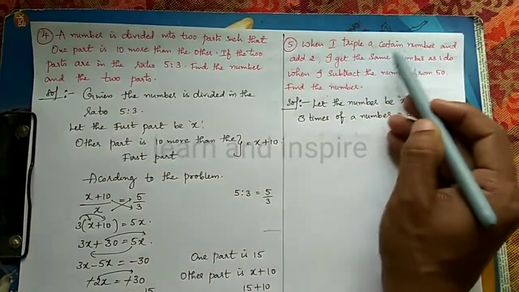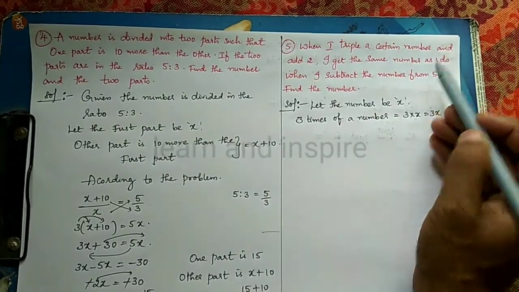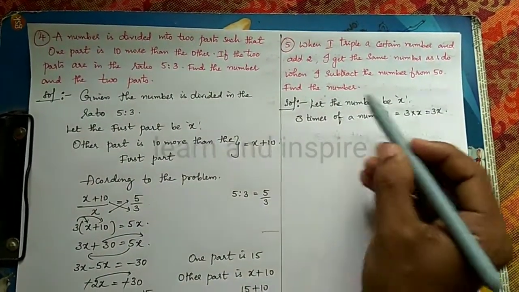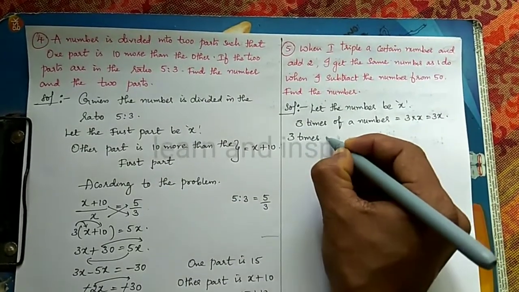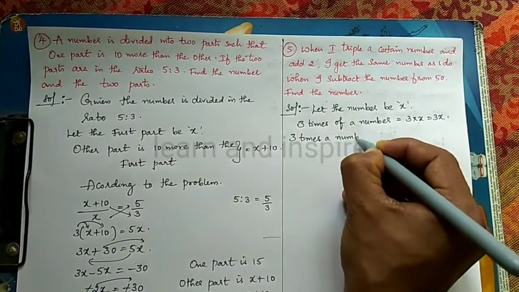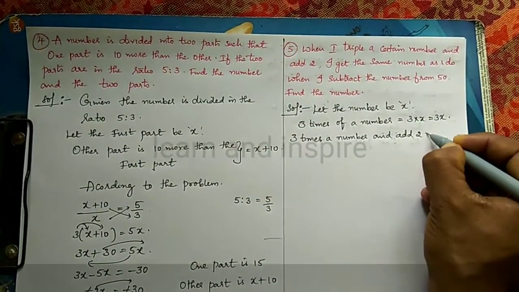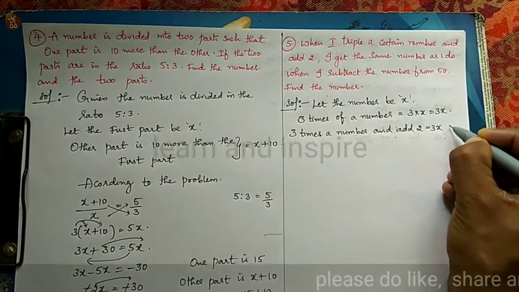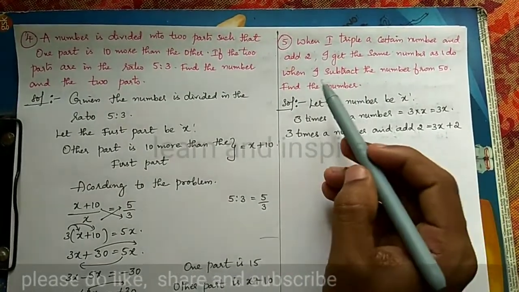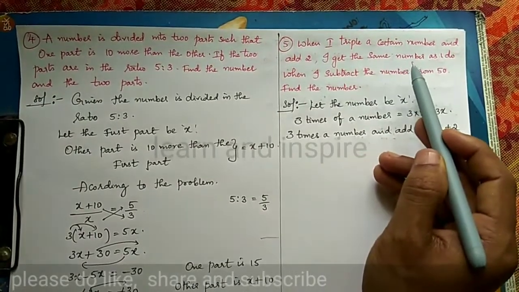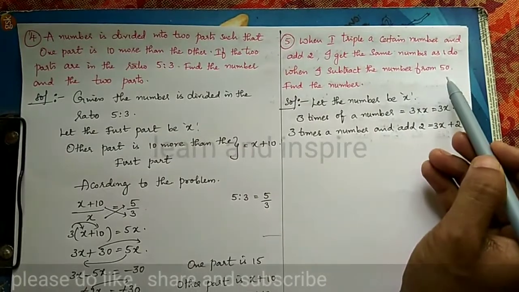Now when I triple a certain number and add 2, that means 3 times the number is 3x, plus 2, so 3x plus 2. Now I get the same answer as when I subtract the number from 50.